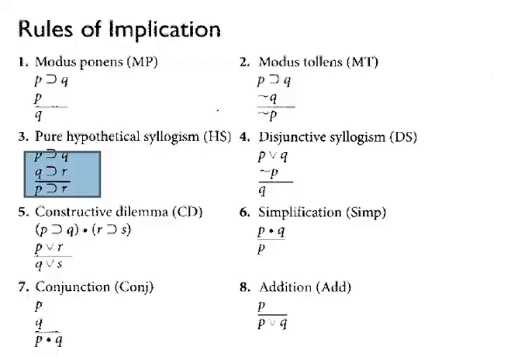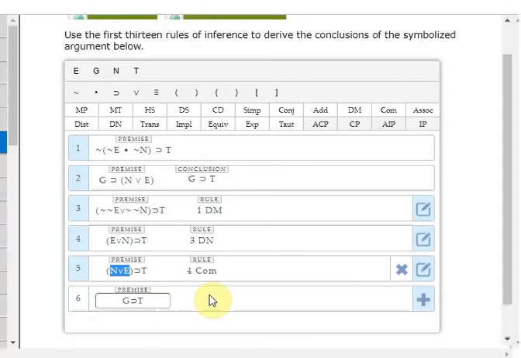Okay, so what lines or what premises did we use to get this? Okay, well, we used line 2, right, and line 5, right, and then the rule here is the hypothetical syllogism, right? And so that is what we want to prove, and so that's it.